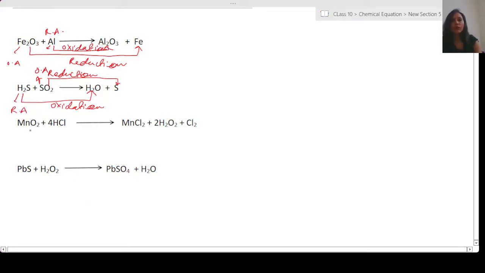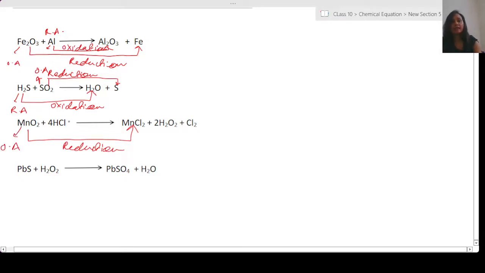Now if you see this one, MnO2 is changing to MnCl2. Mn is what? Manganese. It is not magnesium. So MnO2 is changing to MnCl2, so O is not there in the product. So it means there is a loss of oxygen. If there is a loss of oxygen, this is a reduction reaction, and MnO2 will become the oxidizing agent.